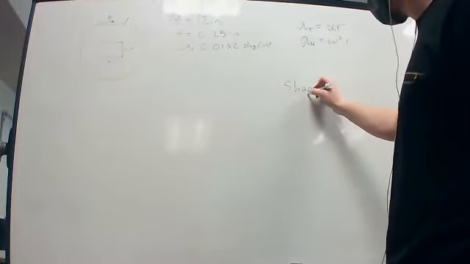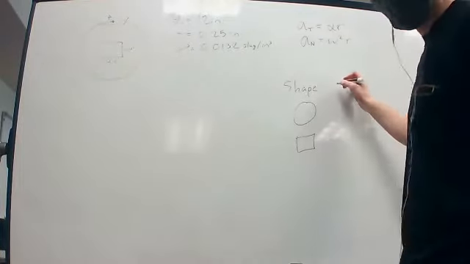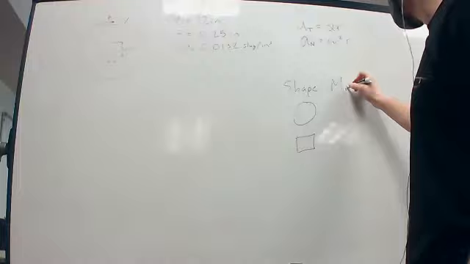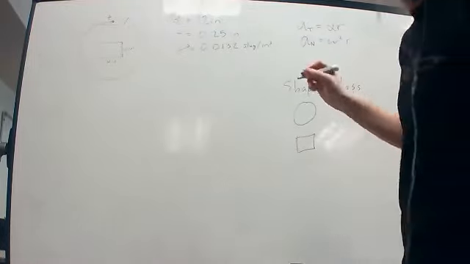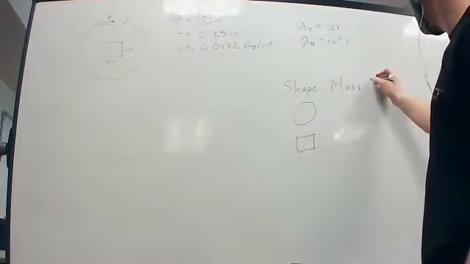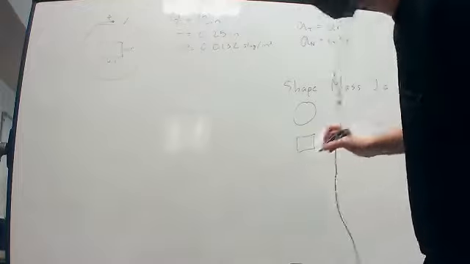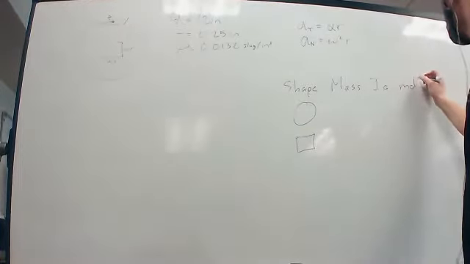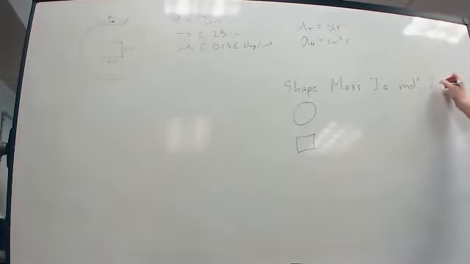We have shape. We're going to put the circle on top and the square on the bottom, followed by mass. Okay. And the IG. MD squared. And then finally, IG plus MD squared.